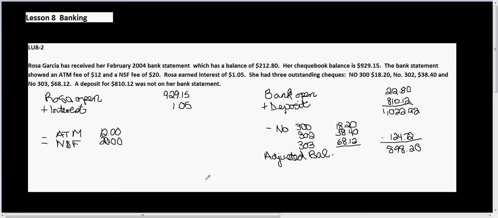All right, now let's take a look at Rosa's side. She starts off with $929.15. She adds interest of $1.05, so that gives her $930.20. And from that, she took off these fees for $32.